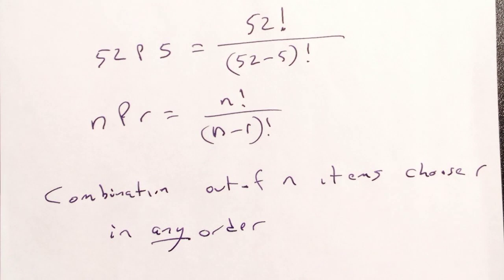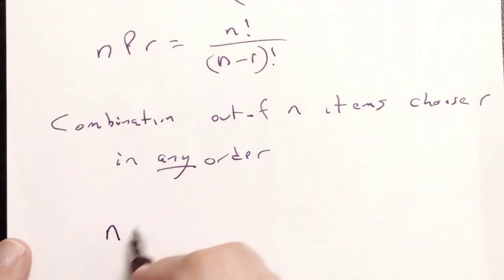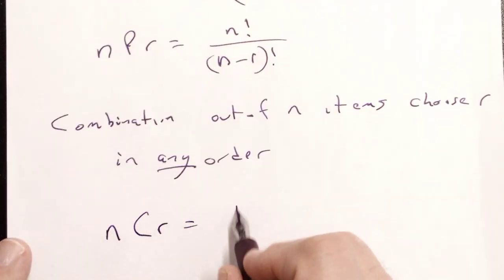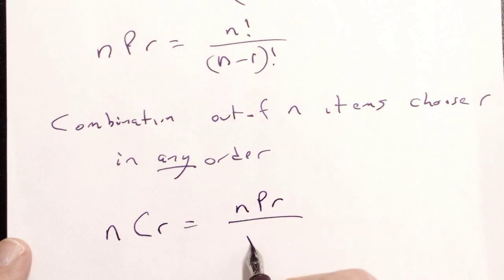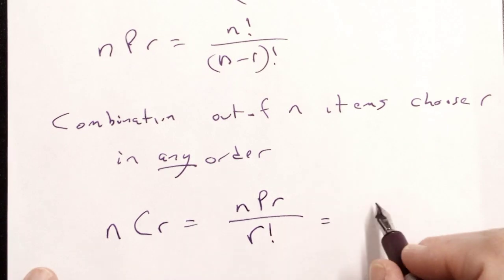I use C for choose here, and my brain says, I'm going to make a C out of my hand, and I'm going to scoop them all up. So I don't care what order they're in. That means this number gets smaller. So I have to divide by how many ways I could rearrange the ones in my hand.